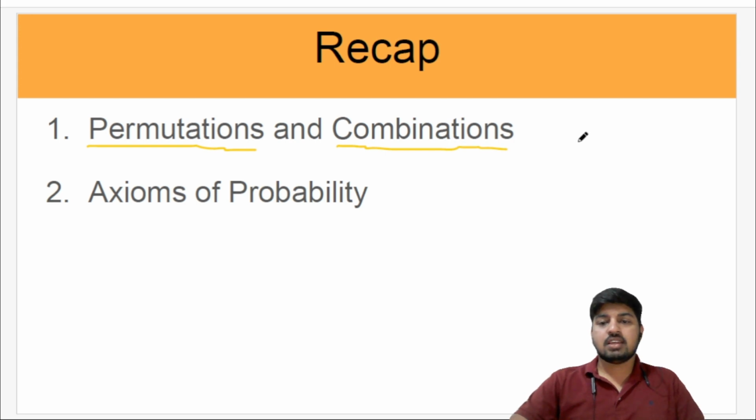The formula is very simple: n factorial divided by (n minus r) factorial in the case of permutations, and in the case of combinations it is n factorial divided by r factorial times (n minus r) factorial.